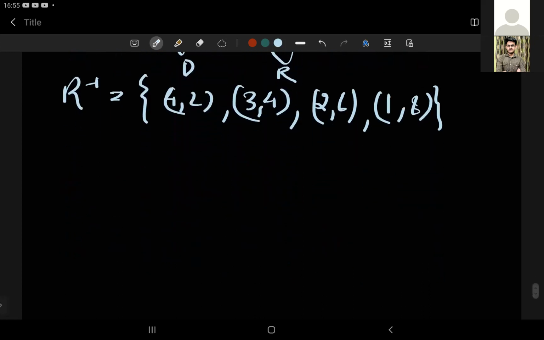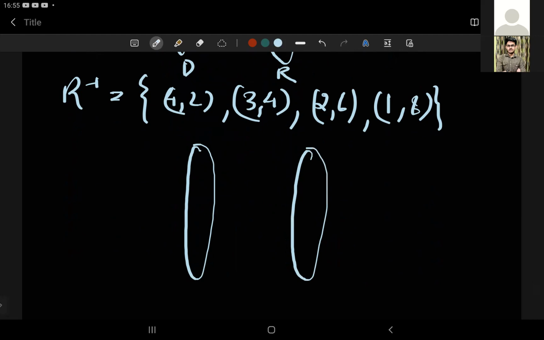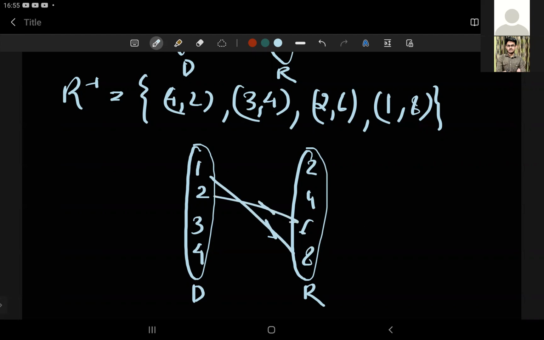If we draw the picture of this one, this time the domain would have 1, 2, 3, 4 and the range 2, 4, 6, 8. So 1 is getting mapped to 8, 2 is getting mapped to 6, 3 is getting mapped to 4, and 4 is getting mapped to 2.